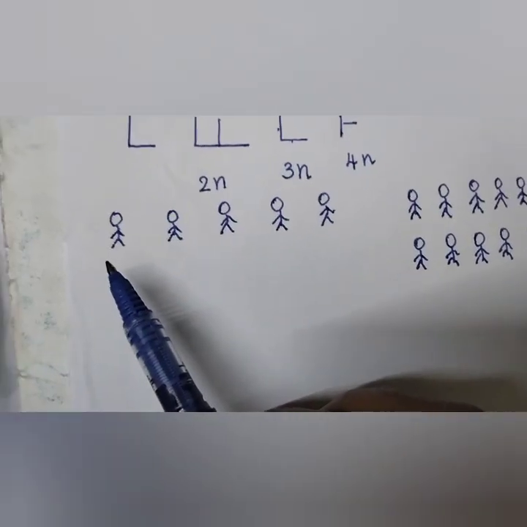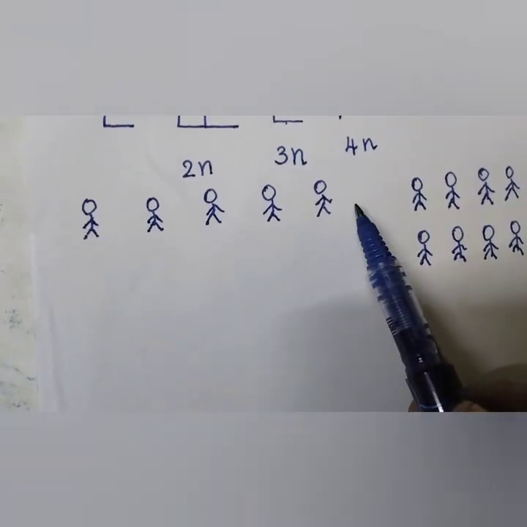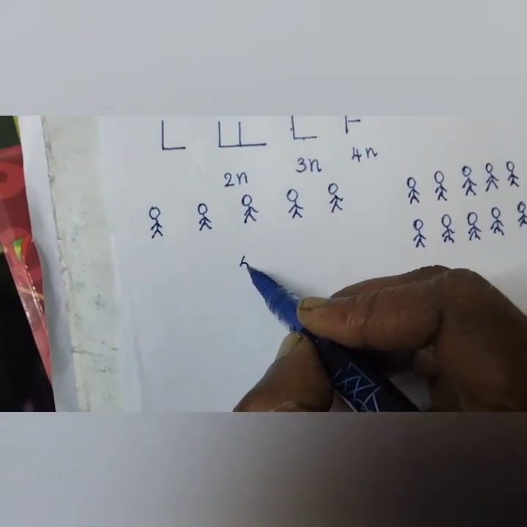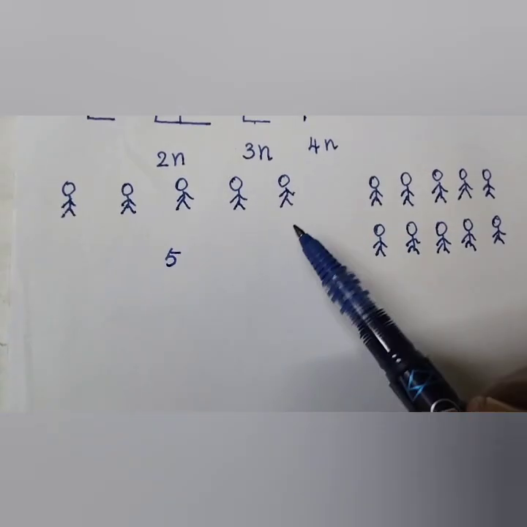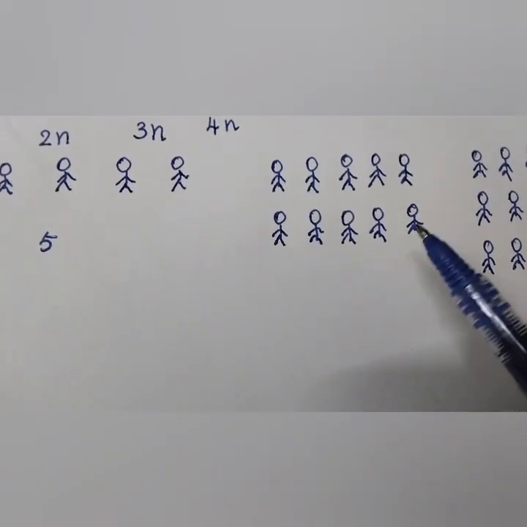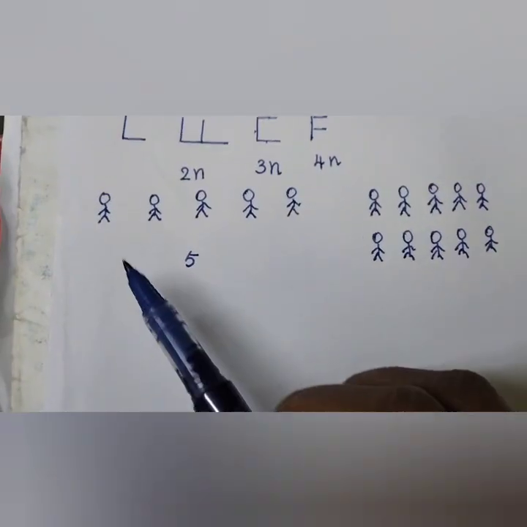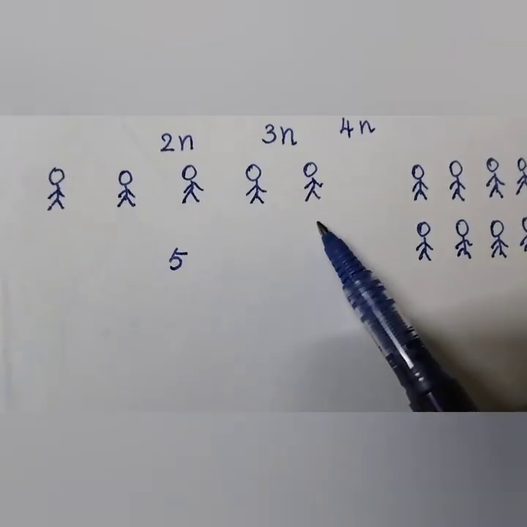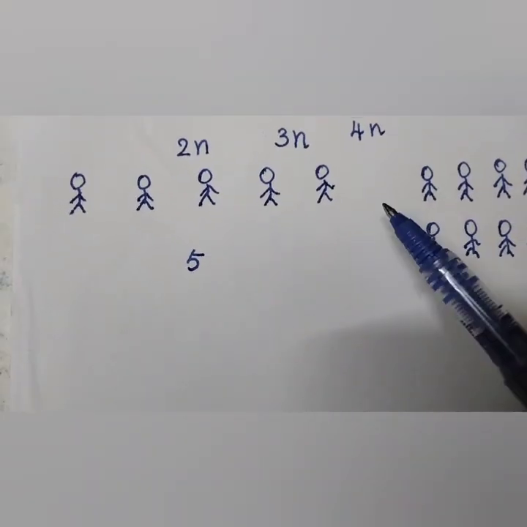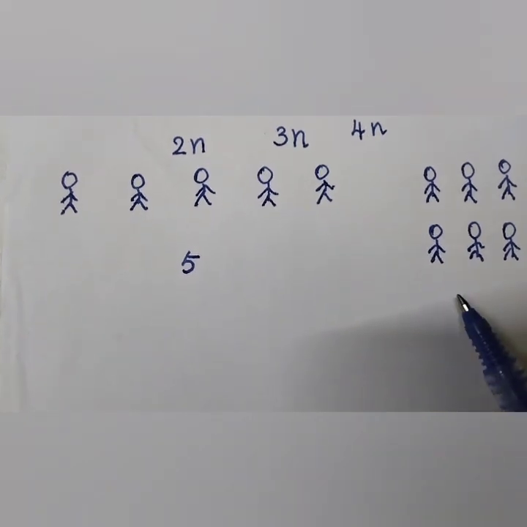In the question, it is given that 5 cadets are marching in a row. And you are asked to find the number of cadets if the number of rows are given.